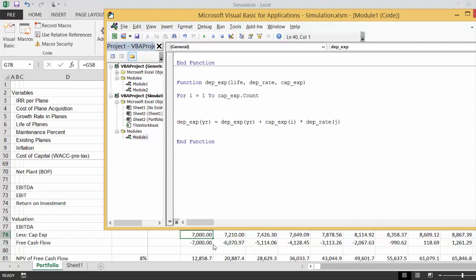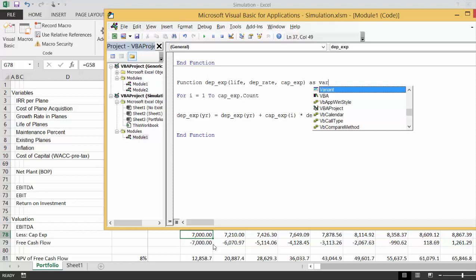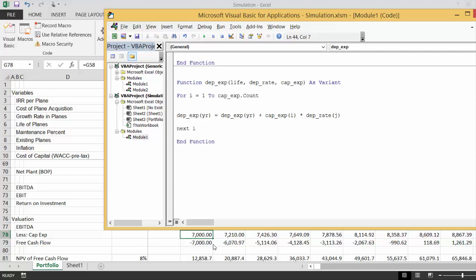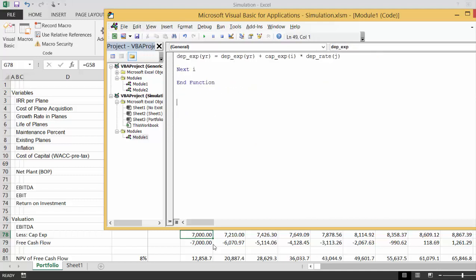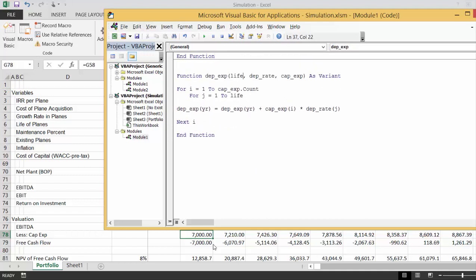That counts how many different capex we have, and we better call this a variant, and then that will use this life. And whenever we do this, we better have an option-based one.